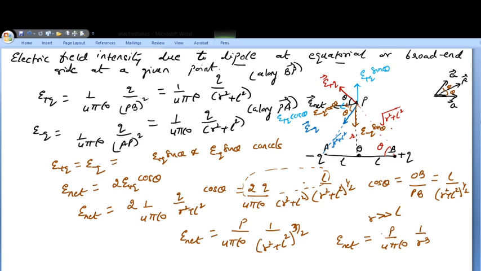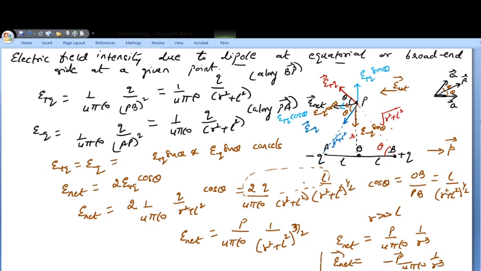And now you can see the direction. Your dipole moment P is in this direction and the net electric field is in this direction. So if I write it with the vector sign, then E net is equal to minus P vector upon 4 pi epsilon naught, 1 upon r cube.